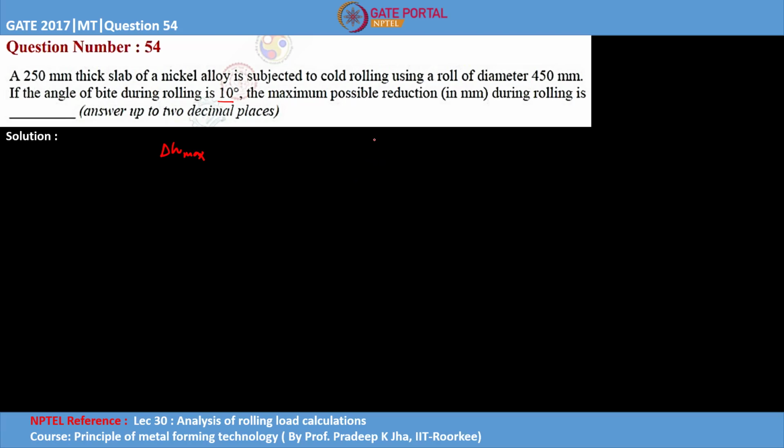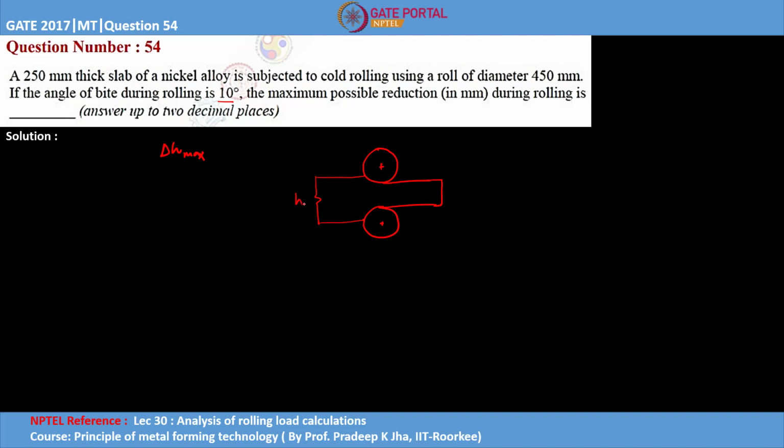Let's say we have two rolls, right? So these are the two rolls, and from these rolls we have a thick slab passing, and here it is entering and it is exiting here, right?